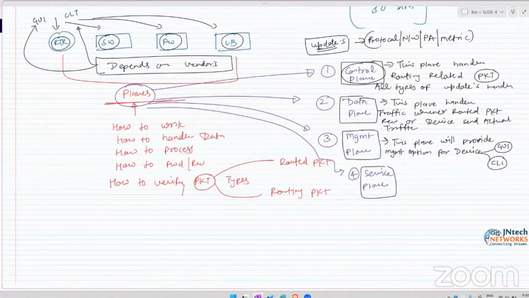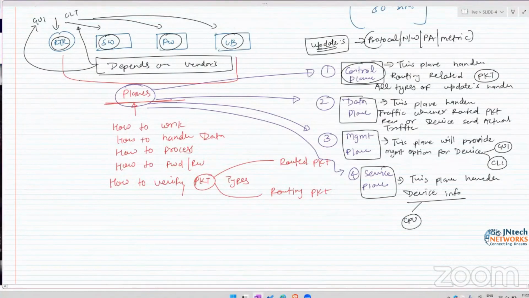Now the service plane. This one is very important. Everyone uses it in production networks, enterprise networks, data centers, service providers, and ISP sites. Why do we use the service plane? This plane handles device information. If you have any CPU-related issue or information, such as CPU utilization being high, low, or overutilized, or if you get some bugs, it is handled by the service plane.